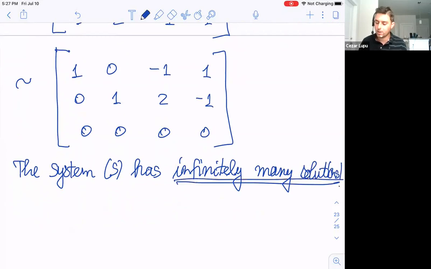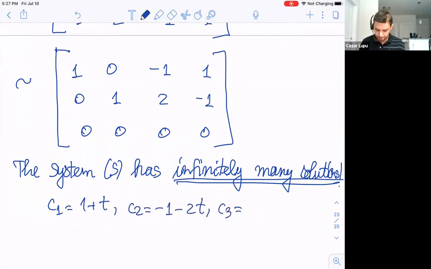And this is what we should keep in mind. So in other words, there are infinitely many ways of writing that vector as a linear combination of the other vectors. And the solutions are given by C1 = 1 + t, C2 = -1 - 2t, and C3 = t, where t is a real number.